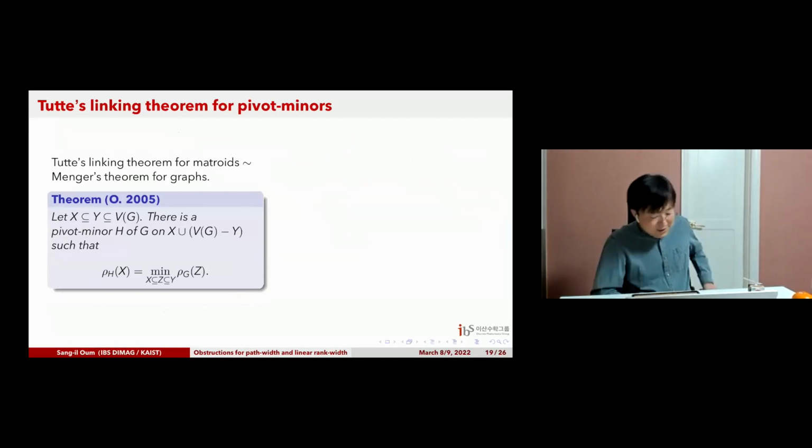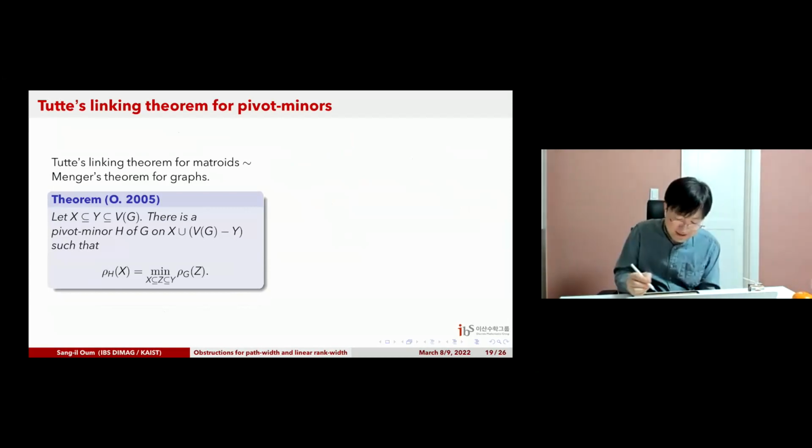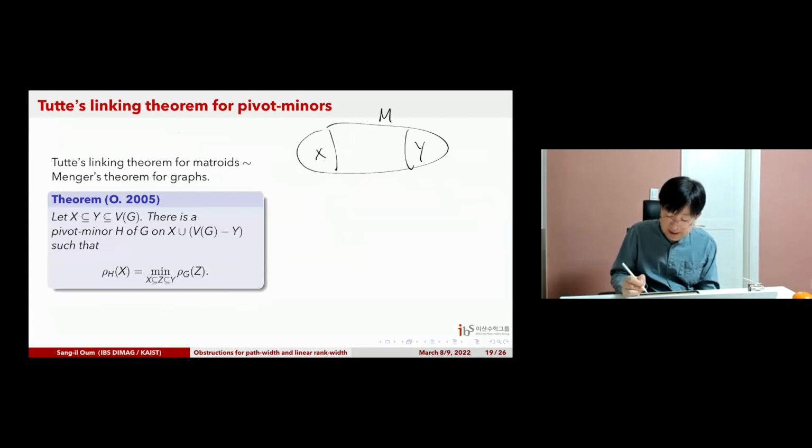And here's a linking theorem for pivot minors. So maybe I should first state the linking theorem for matroids. Imagine that I have a big matroid M, and there are two sets X and Y. Now, in Menger's theorem, we say that either you have many paths or there's a small cut separating X from Y. Now, I can describe cuts in a matroid, but I cannot describe many paths in a matroid easily.